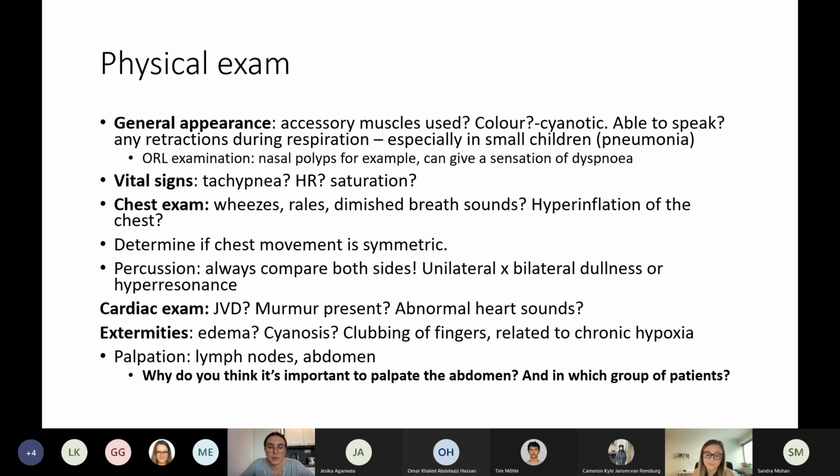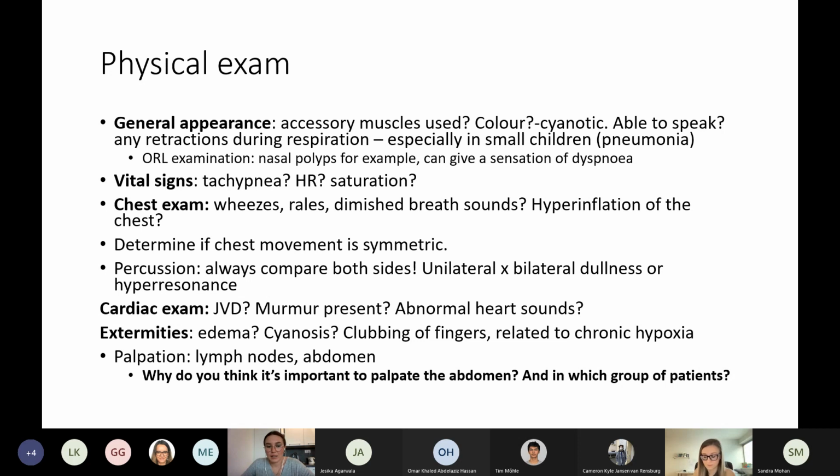And I actually made this slide. Of course, you cannot cover physical examination in one slide, and that is not the point of this. But I just wrote down these things because these are the things that for myself and a lot of my fellow students tend to forget when doing a physical exam.